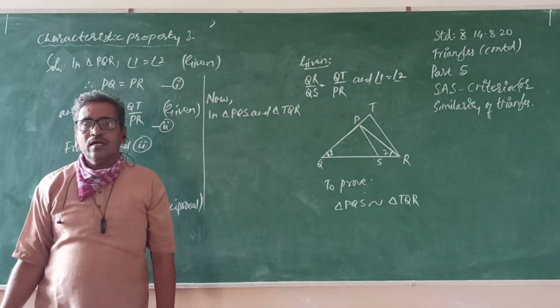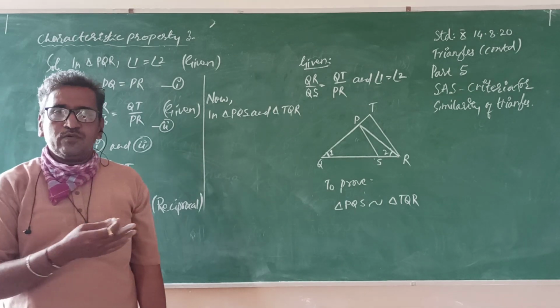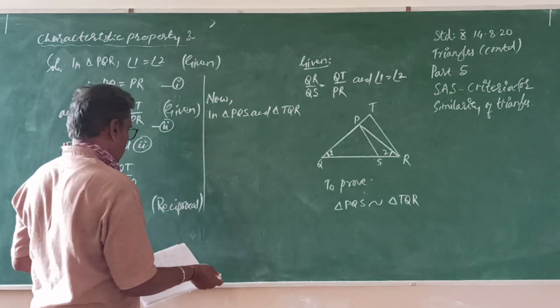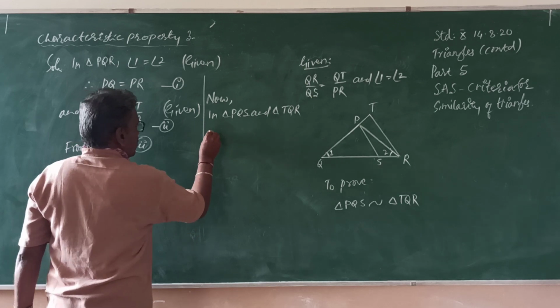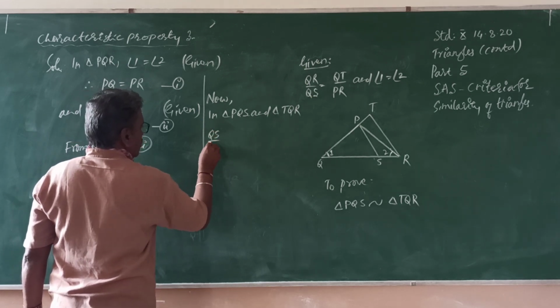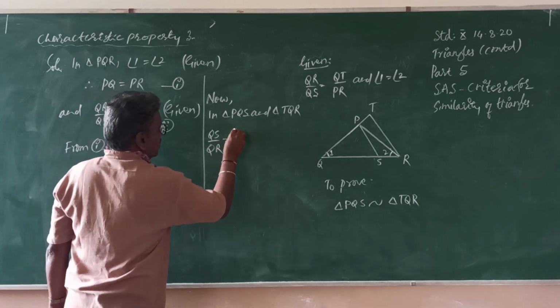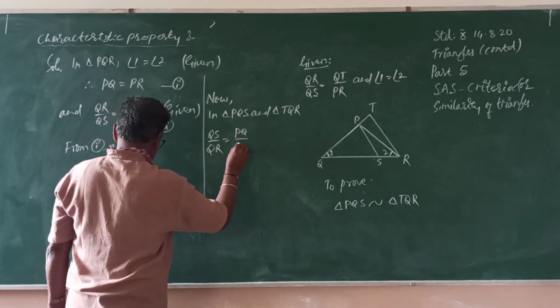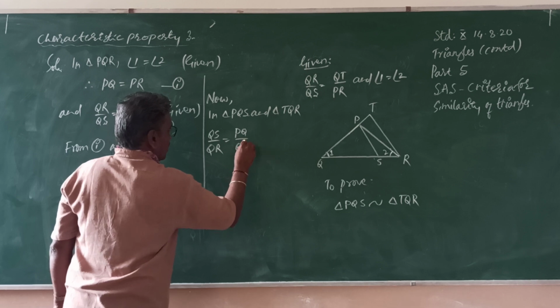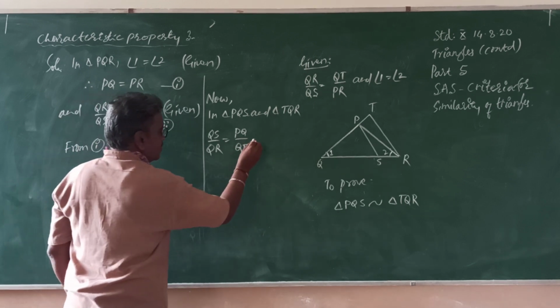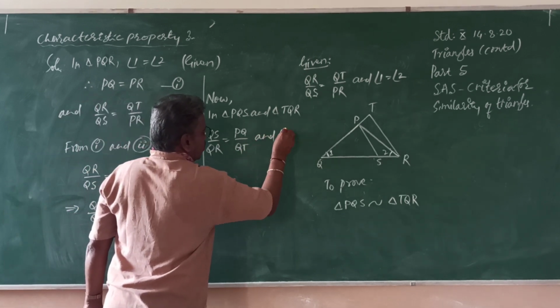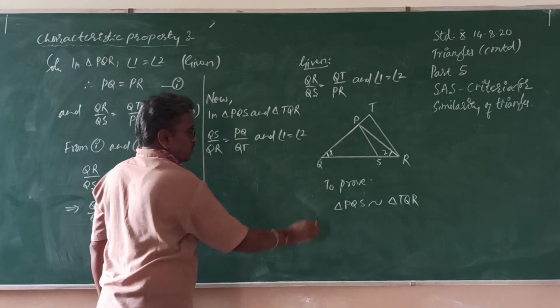Among these three criteria, one must be satisfied by these two triangles. Now, QS by QR equal to PQ by QT, and angle 1 is equal to angle 2.